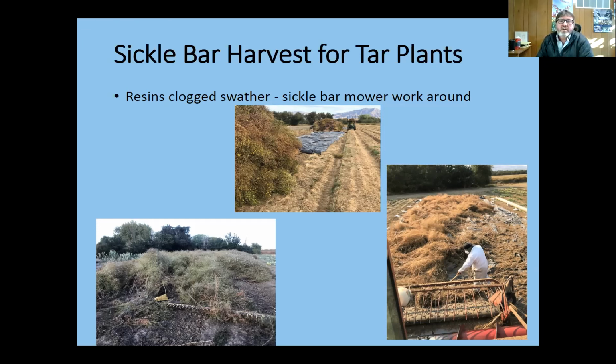Then we used tines, like a fork attached to a tractor, to put that material into large piles on tarps to allow it to dry. Then we had to feed that material into the combine. It gives you a sense for how, with each individual species, as you try new things, you have to adapt and learn as you go, and use that lesson learned the next time you grow that material out. Next slide.